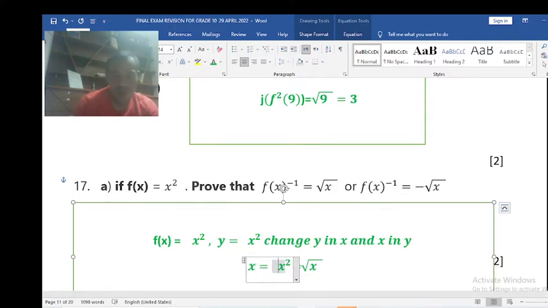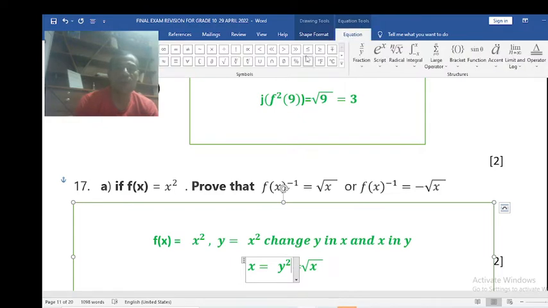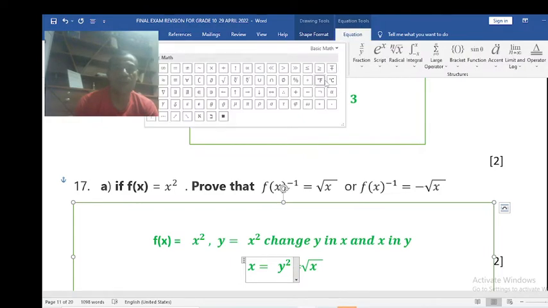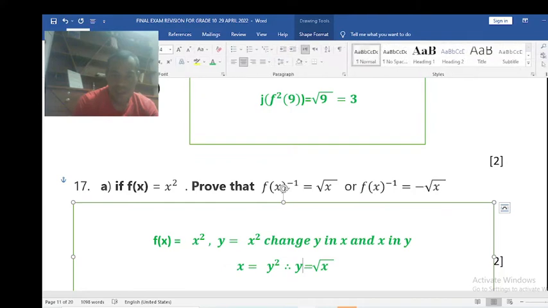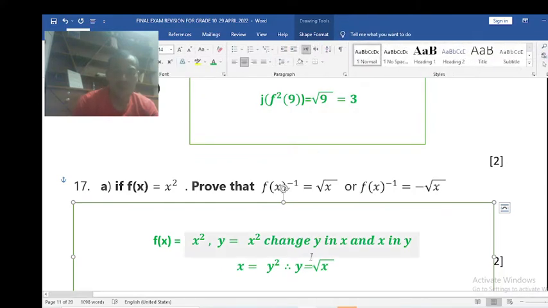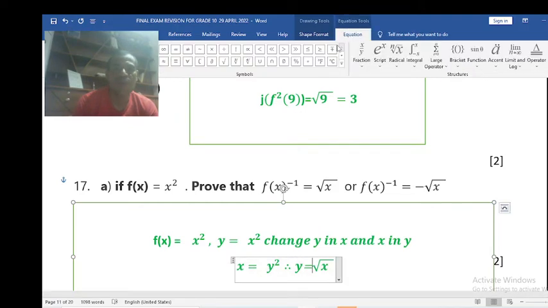Now y is the subject, so y is equal to plus or negative the square root of x.